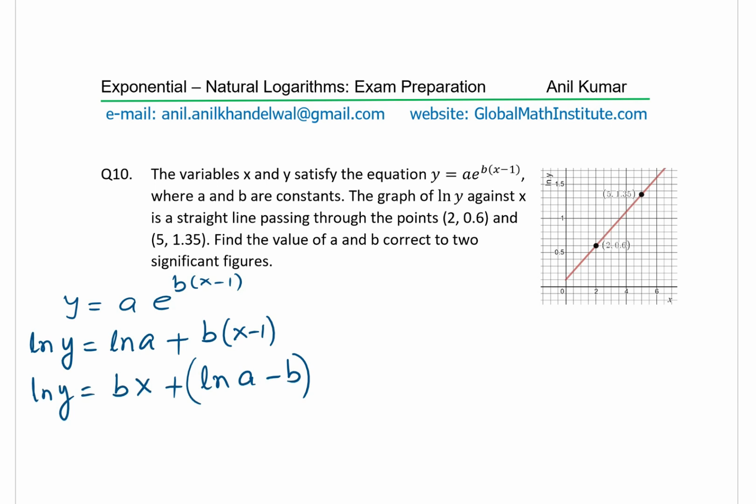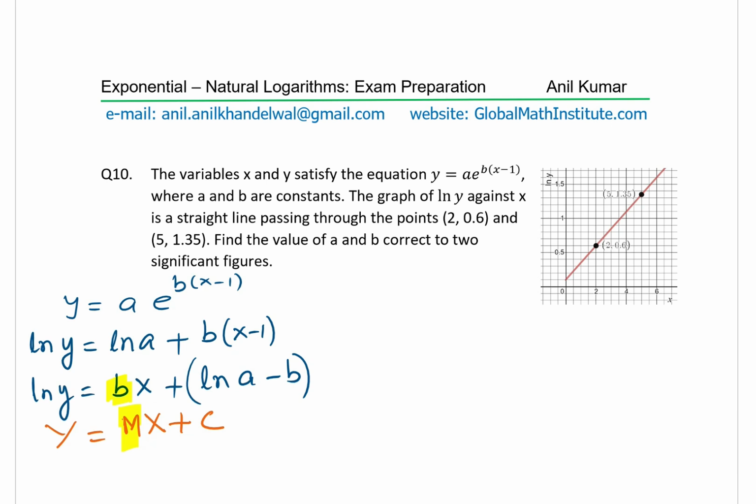So if we equate this to the line y equals mx plus c, in that case, the slope is b, right? So we get the slope value as b. Now this graph is between ln y and x, and the y-intercept is ln a minus b. Okay, so let's equate the slope first.